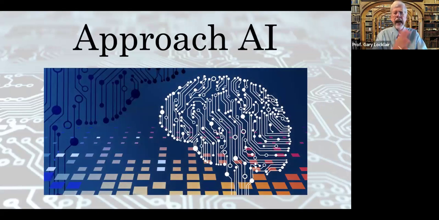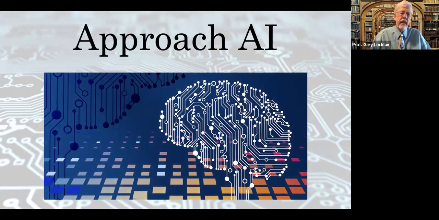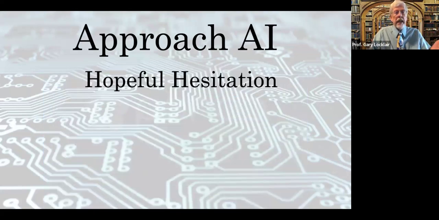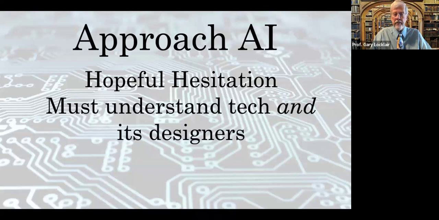So, how do we approach AI? I believe with hopeful hesitation. Artificial intelligence has some great applications and promise, both right now and in the future. But it would be wise not to jump in with both feet. We want to be hesitant. We need to understand it and its users.